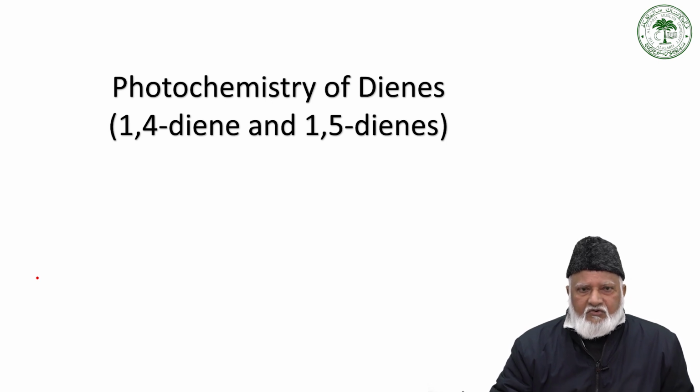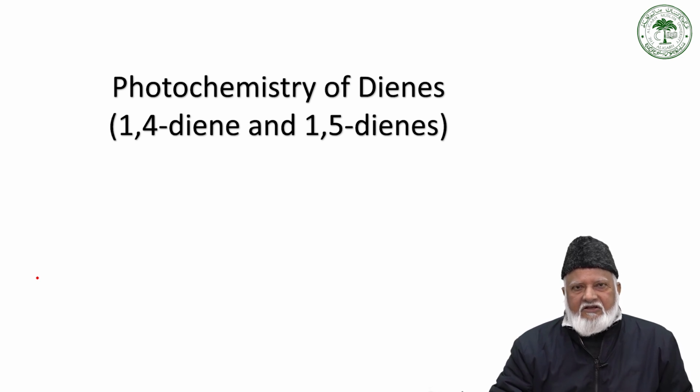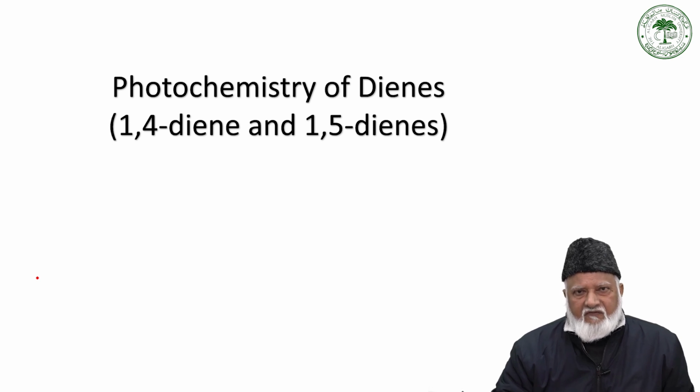Today we are going to talk about the photochemistry of dienes, especially 1,4-diene and 1,5-diene. These two dienes undergo interesting photorearrangements, especially 1,4-diene, and we are going to take quite a few examples.